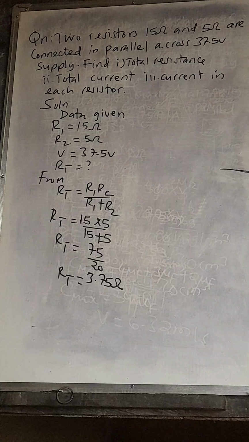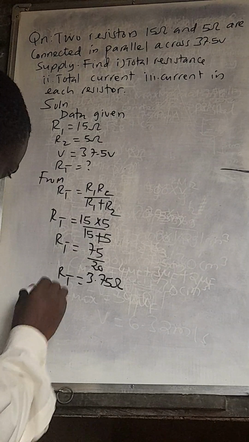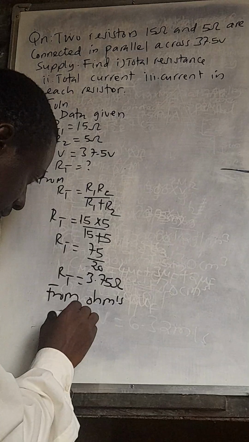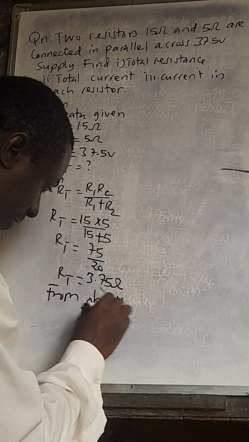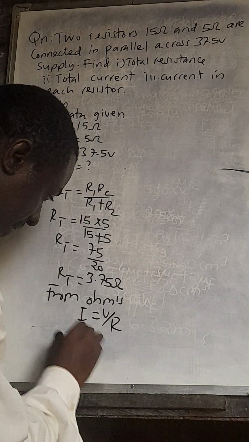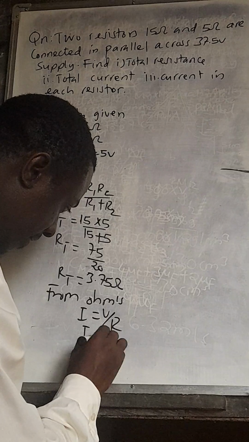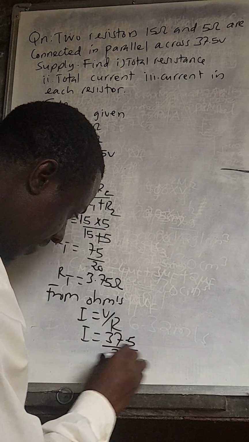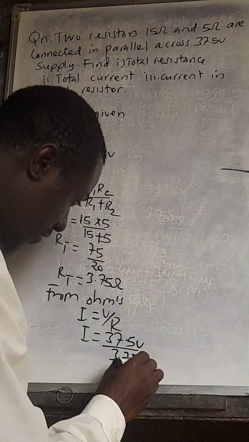Then total current. To get the total current, we use Ohm's law. From Ohm's law, we know current is equal to V over R. So I is equal to 37.5 divided by 3.75, volts to ohms.